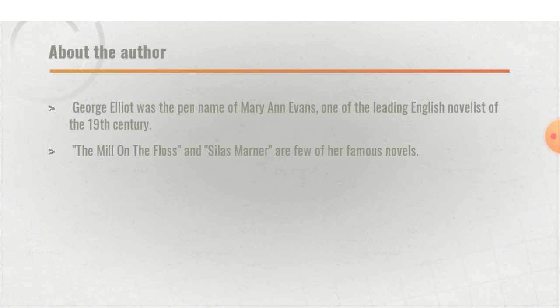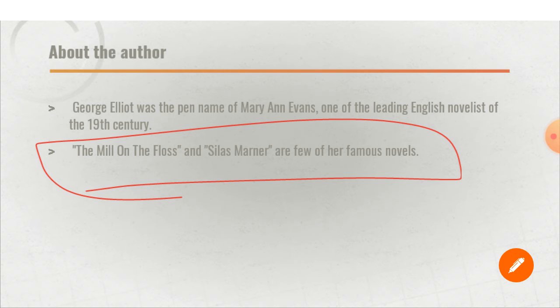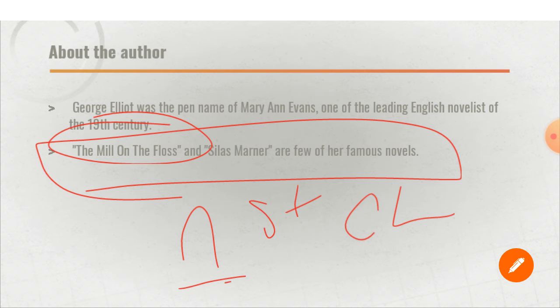The Mill on the Floss, then Silas Marner. These are a few famous novels. I forgot to tell you that Maggie Cuts Her Hair is the first chapter of The Mill on the Floss. So the novel is The Mill on the Floss, and this is its first chapter.